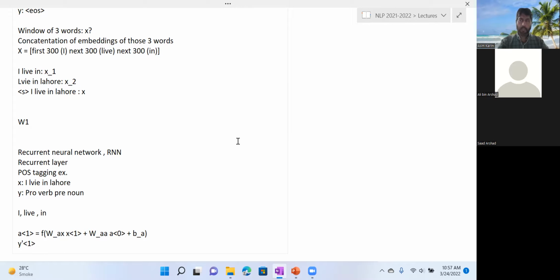Y1 would then be some G, another activation function, of another weight matrix WYA multiplied by A1 plus BY. Now this is a standard feed-forward layer. Okay? And of course, this is the output layer.